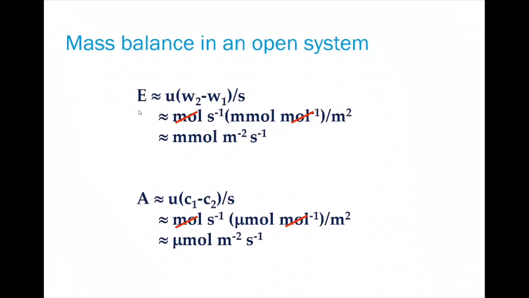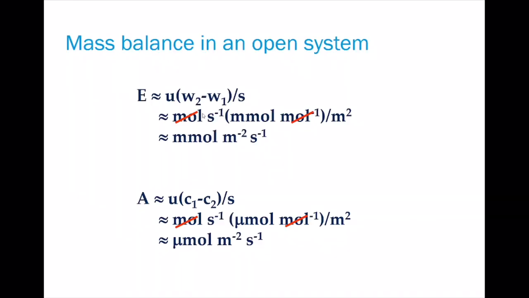If we look at the units, transpiration is calculated as, again, our flow rate is measured in moles per second, our water vapor is measured in millimoles per mole, our leaf area is entered into the 6400 as a centimeter squared area, and then we have a conversion to turn it into meter squared.